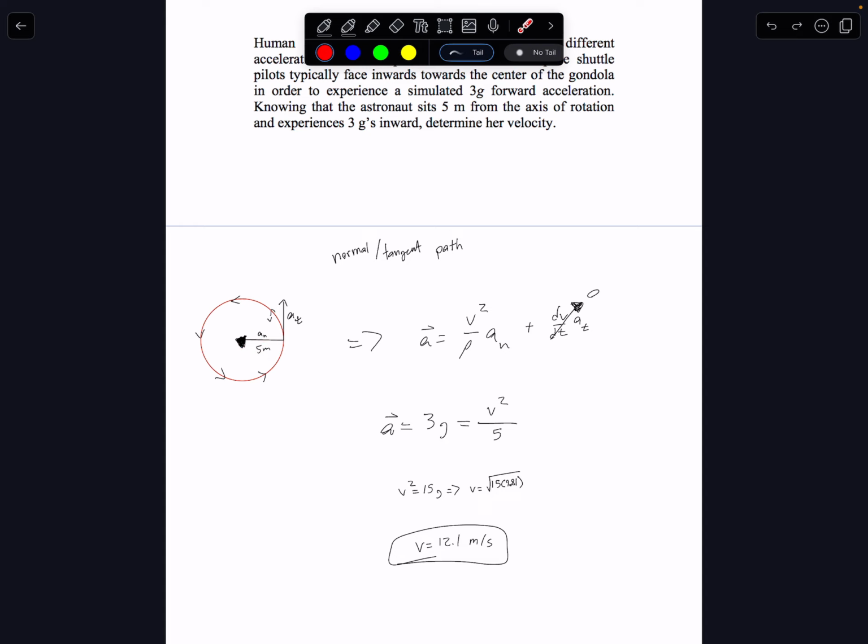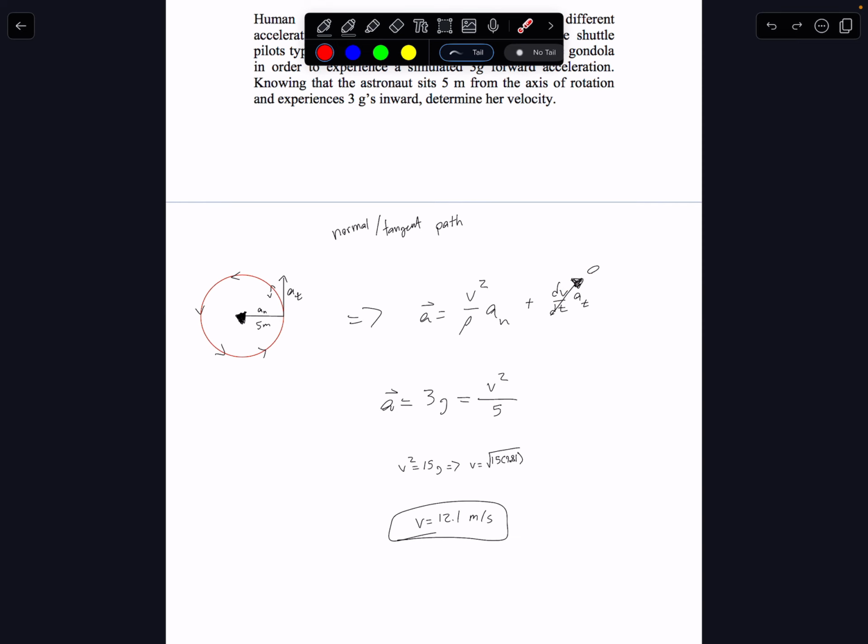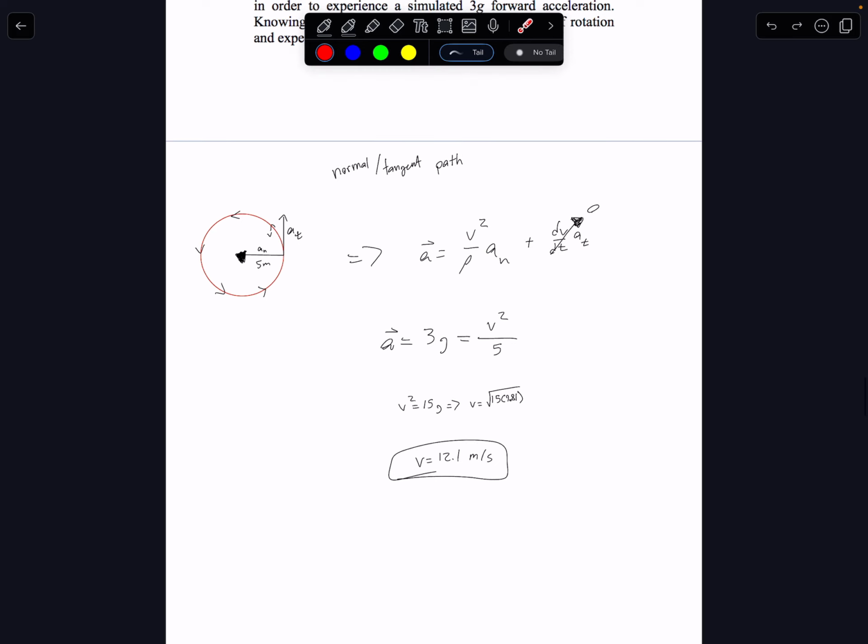And then we are not accelerating in the tangent direction whatsoever, so we can ignore that and see that it goes to 0. So we know that the acceleration is all equal to this. This is velocity. This is the instantaneous radius of curvature. And we know that we're trying to pull 3 Gs.